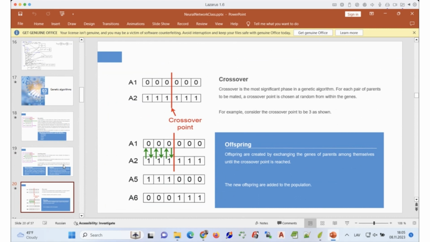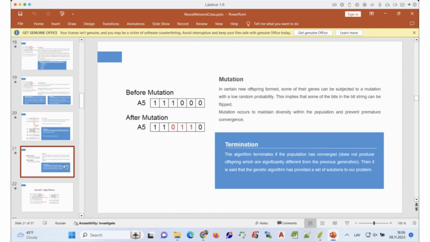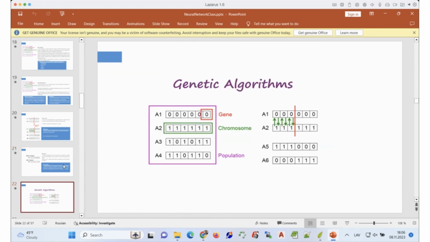It's just the principle of sharing and mixing parameters. Makes sense, right? Yes. Because again, all this literally comes from life. And the mutation is just a mutation. I suppose here we have nothing to say.